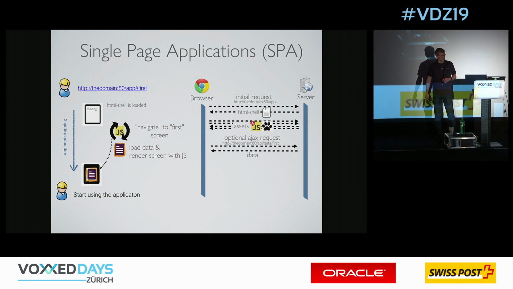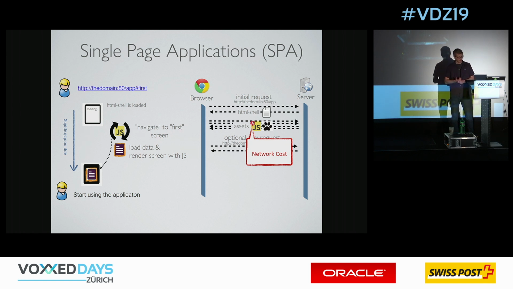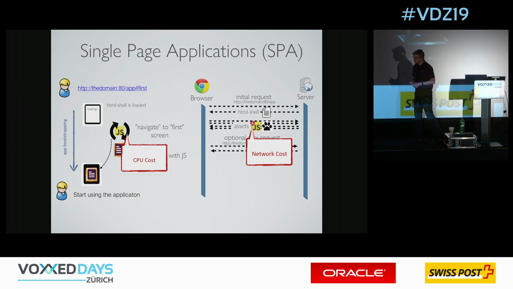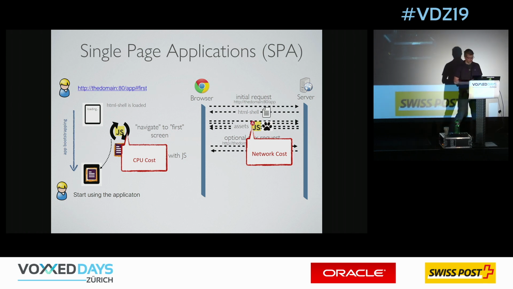And in this regard, the size of the JavaScript bundle is important. There are two aspects to this price. First, there is the network cost, similar to images that we are loading, but for JavaScript there is especially another cost: the CPU cost of processing this JavaScript. And this cost is not trivial.